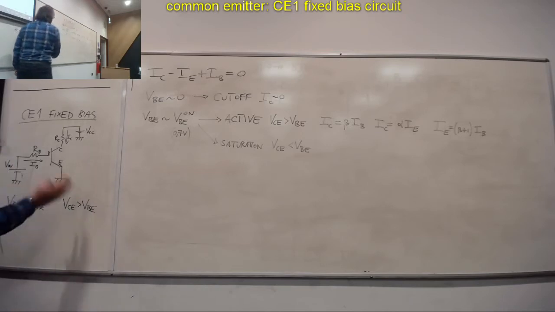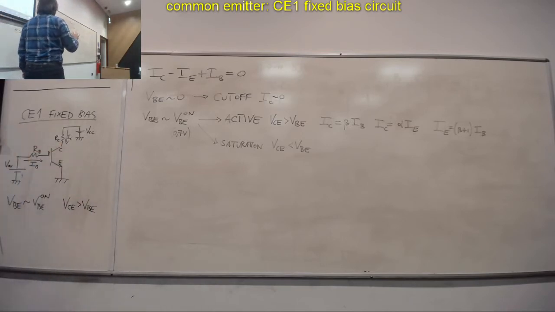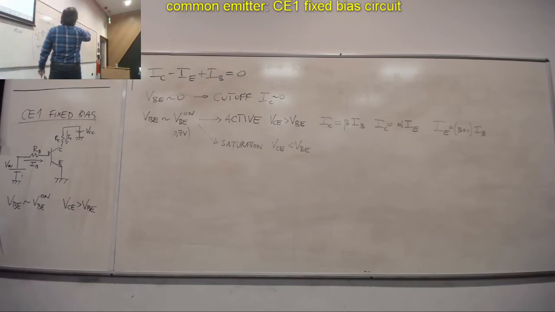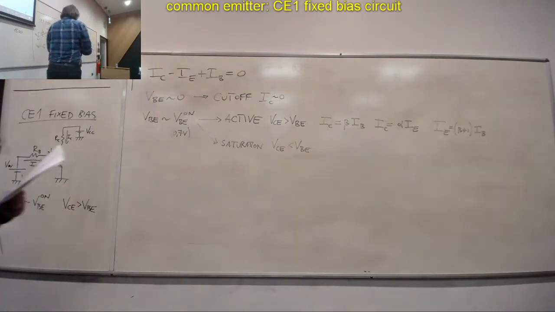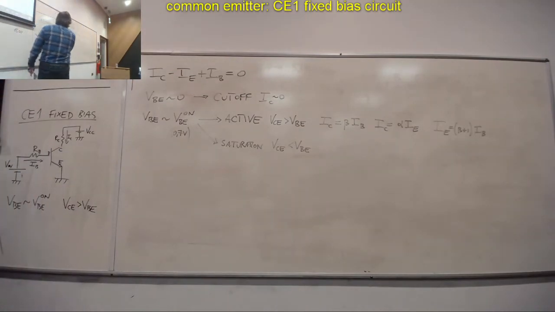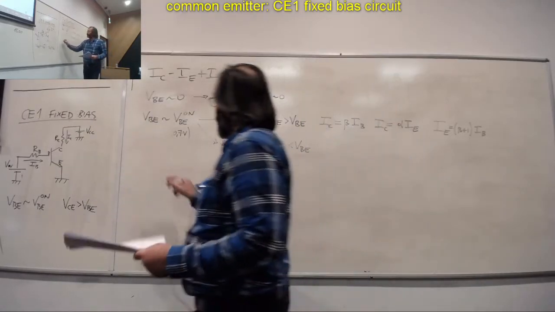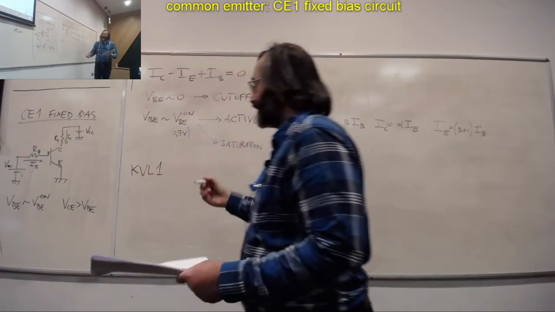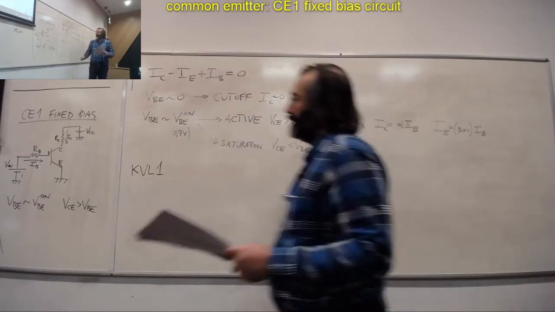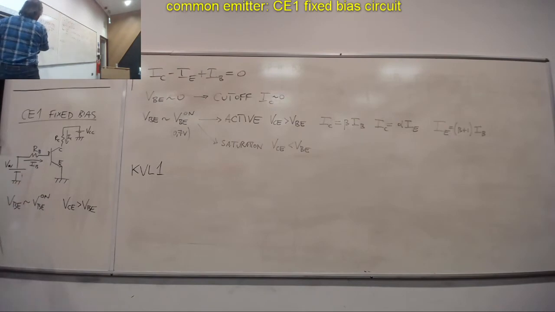So under these circumstances, the transistor will be active, and so we can apply these formulas to do the analysis. Under this assumption that the transistor is active, I could write first a Kirchhoff voltage law related to the input mesh.